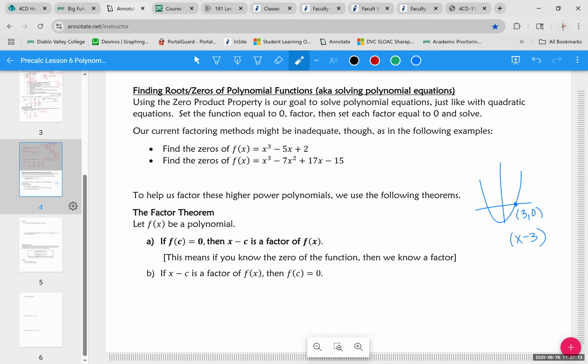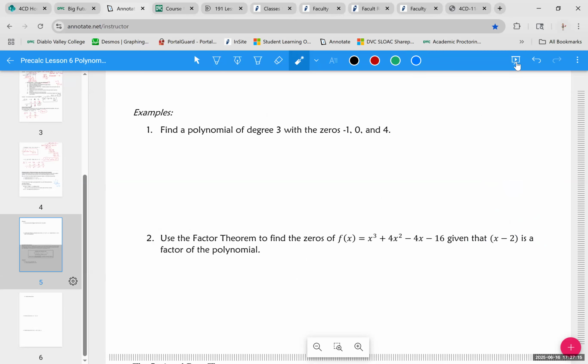So we're going to look at a couple of examples of this just to get this idea of the factor theorem down, and then we're going to talk about how to use it. So the first thing says, find a polynomial of degree 3, so we need an x times an x times an x, with the zeros -1, 0, and 4. Well, we just learned that if f of c equals 0, then x minus c is a factor of f.